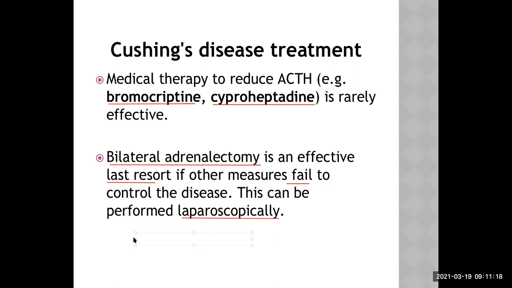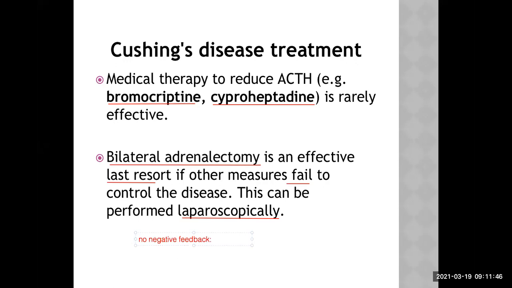Now, see here, if we remove both adrenal glands, the negative feedback given by the cortisol doesn't exist, because cortisol is not coming out from the adrenal gland now because we have already removed it, right? So there is no negative feedback to the pituitary gland.